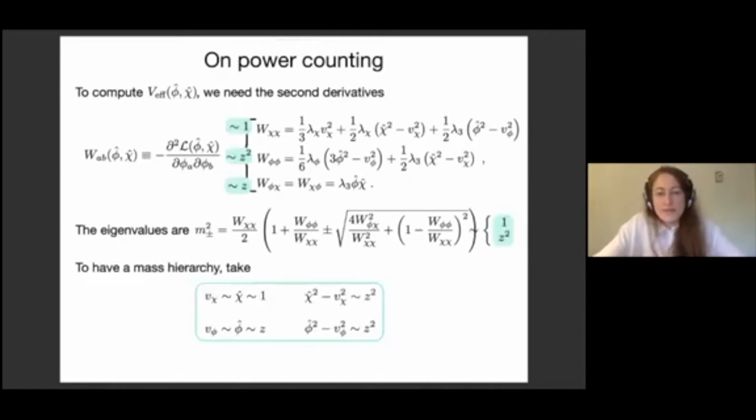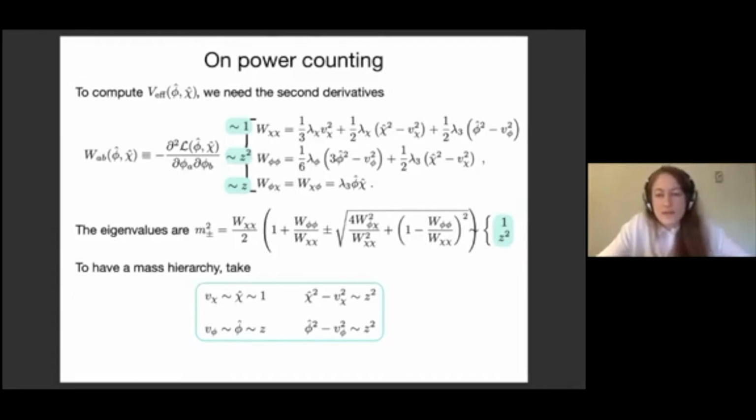And so I told you on the last slide that we want to take some power counting where V chi is order 1 and V phi is order Z. This is because we want some hierarchy in these mass eigenvalues that appear in the Coleman-Weinberg formula.